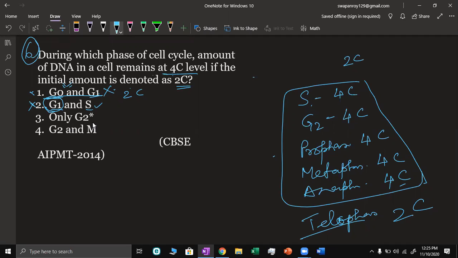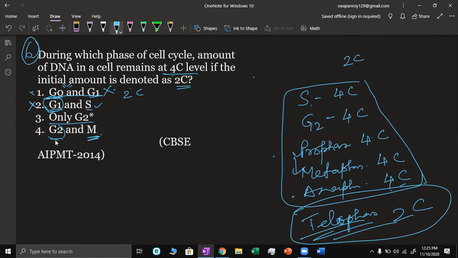Only G2, and here it is given G2 and M. Now this 4C level of DNA we will find in G2 and also in M, but not in all of it. Certainly we will get 4C level in prophase, metaphase and anaphase, but at telophase, which is also part of M, it is not correct.